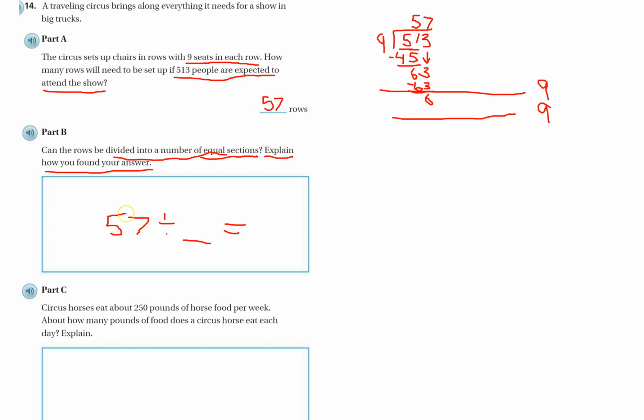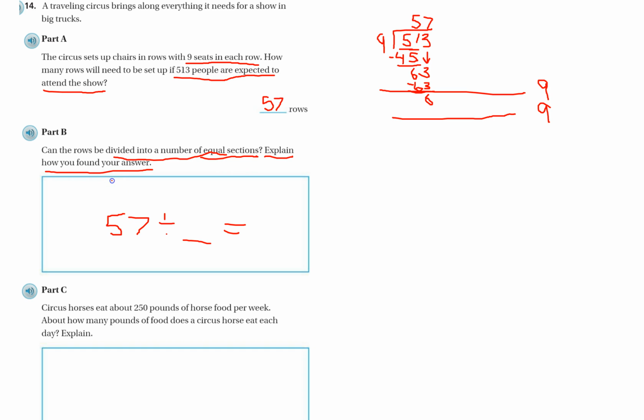So 2. Well, if I look at this, I can really look at just the ones place. Can 2 go into 7? No, so I know it's not going to go into 57. What about 3? Now, there's a trick with 3s. If the numbers that you're dividing, so 57 has a 5 and a 7, if you can add the numbers up and get a number that is divisible by 3, then the original number is also divisible by 3.